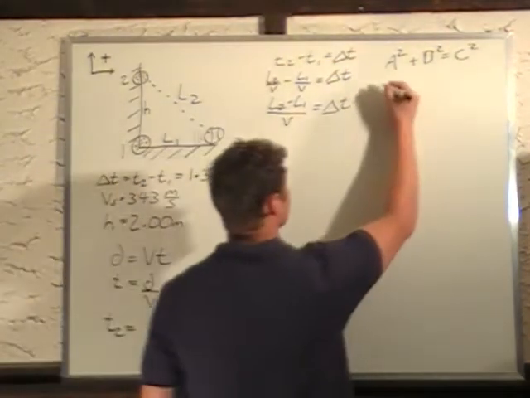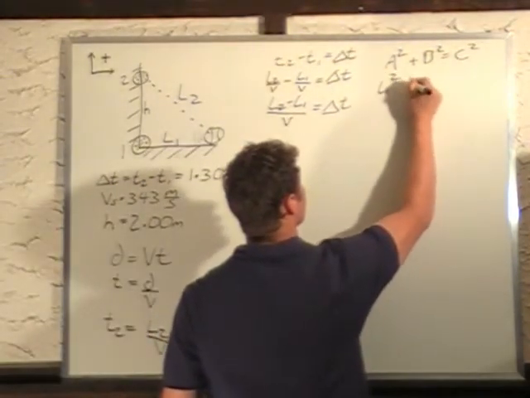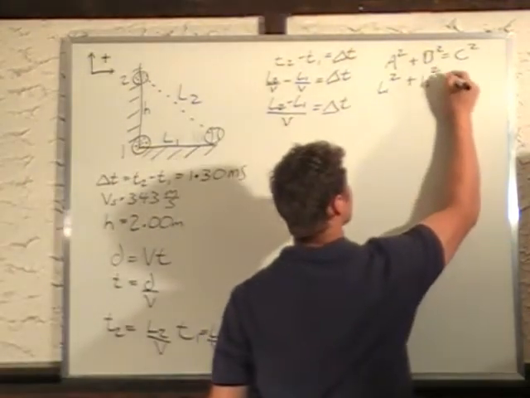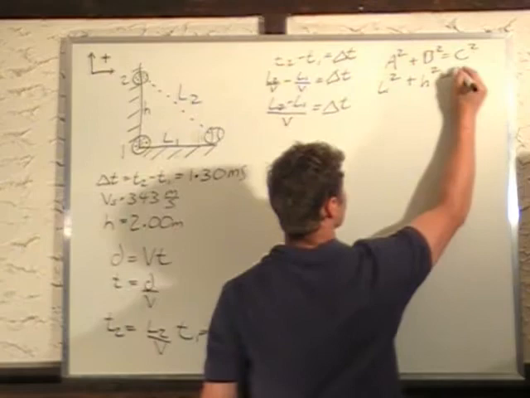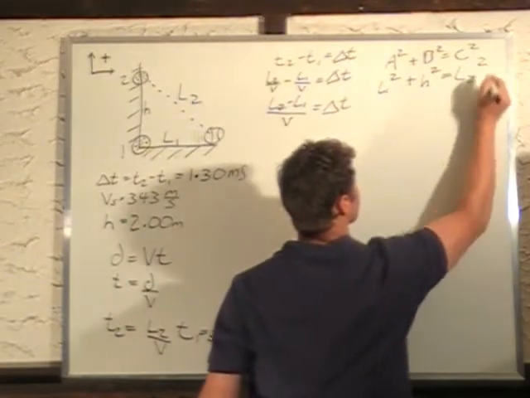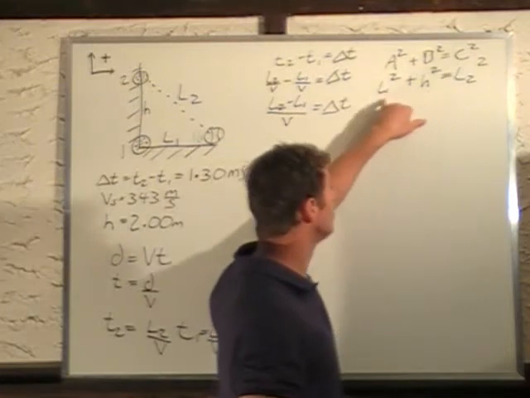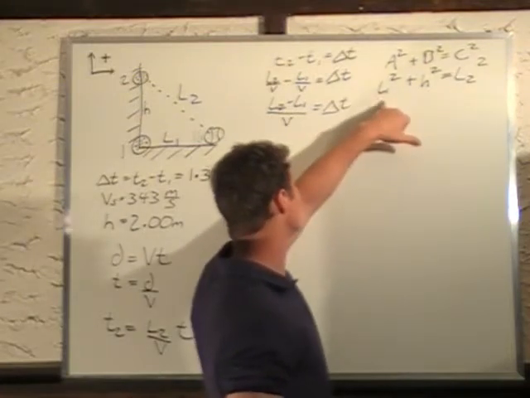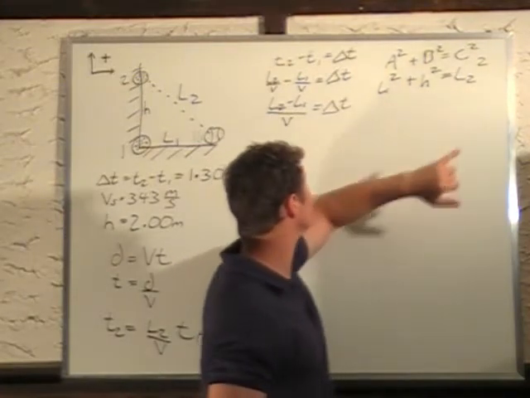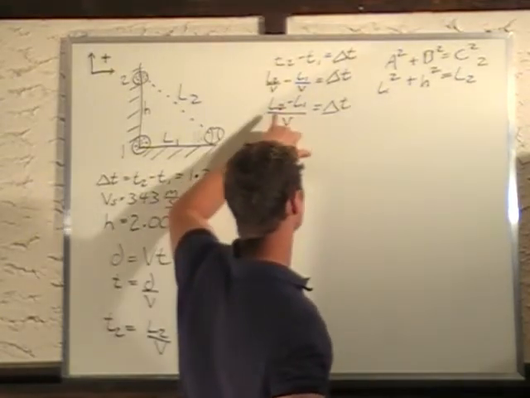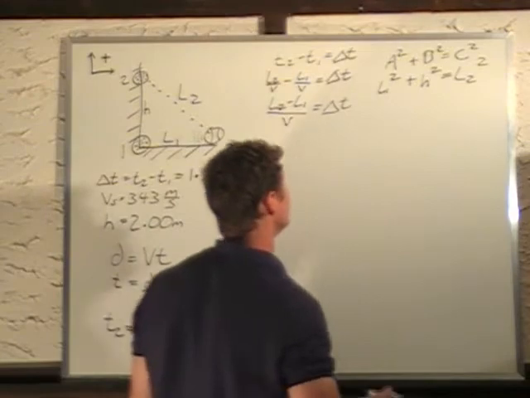So we have L1 squared plus the height squared, which we know, equals L2 squared. That will allow us to get an equation for L2 in terms of L1. We could plug L2 in here, or we can actually solve here and plug in here. Why don't we do that instead?